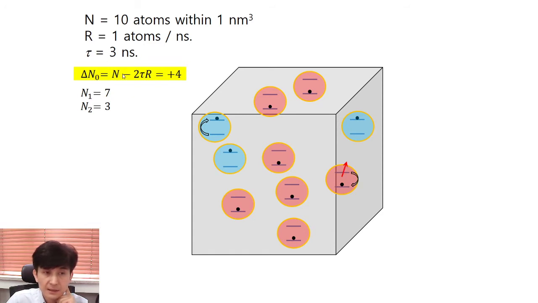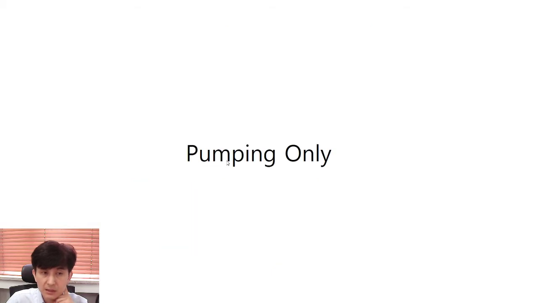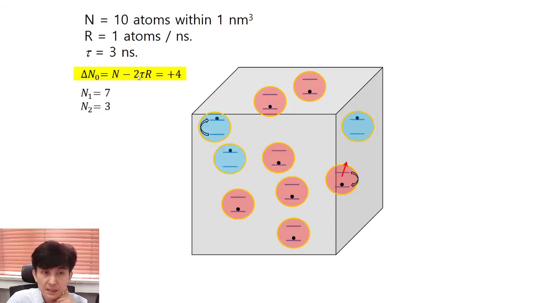In this case, previously we obtained delta n is equal to n minus 2 tau r. So for this case, n is 10 and 2 tau r is 6, so we have plus 4. That means n1 is 7 and n2 is 3, so n1 minus n2 is 4. N1 is illustrated with red circles, the atoms in the ground state.